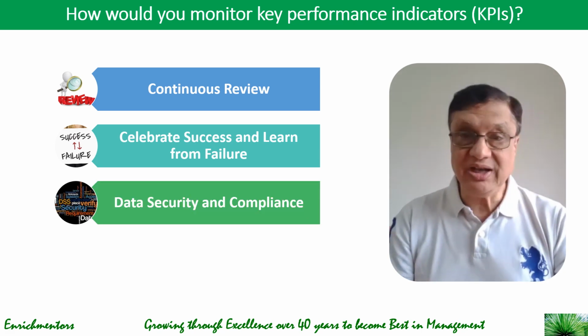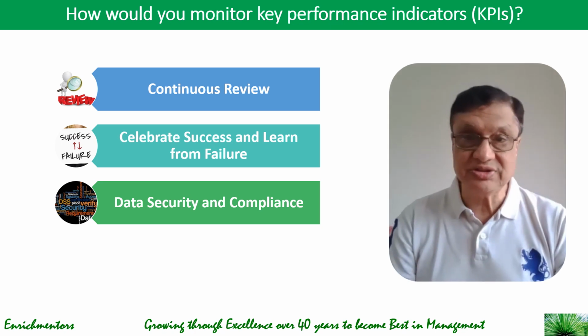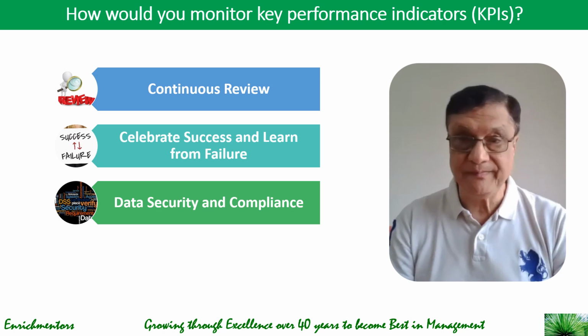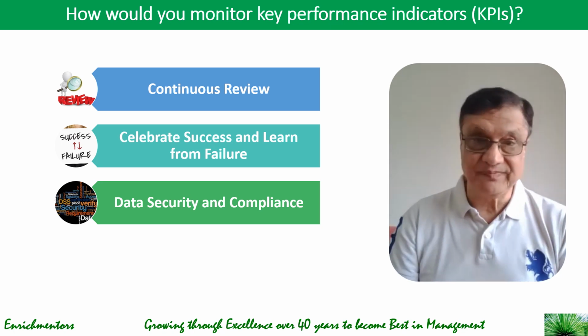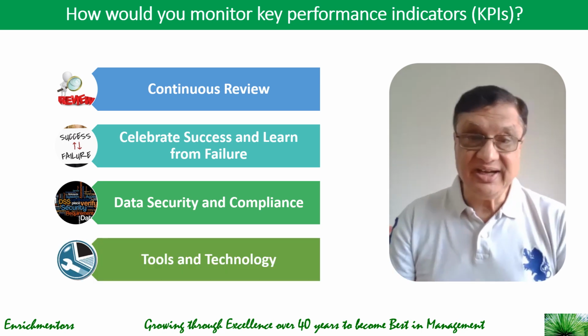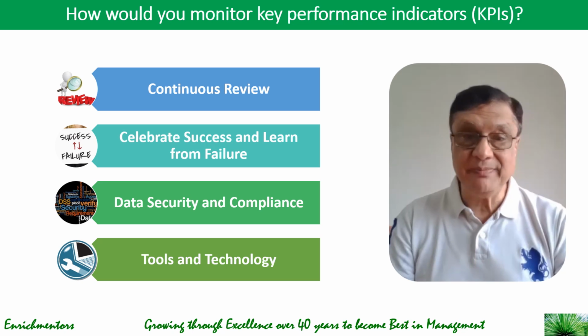Ensure that your data collection and storage practices comply with data privacy regulations such as GDPR or CCPA, as we have discussed earlier, to protect user information. Utilize data analytics and business intelligence tools to streamline the KPI monitoring and analysis.